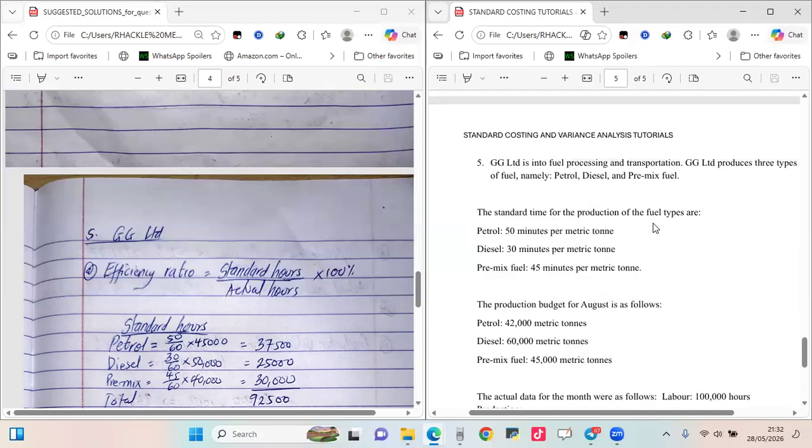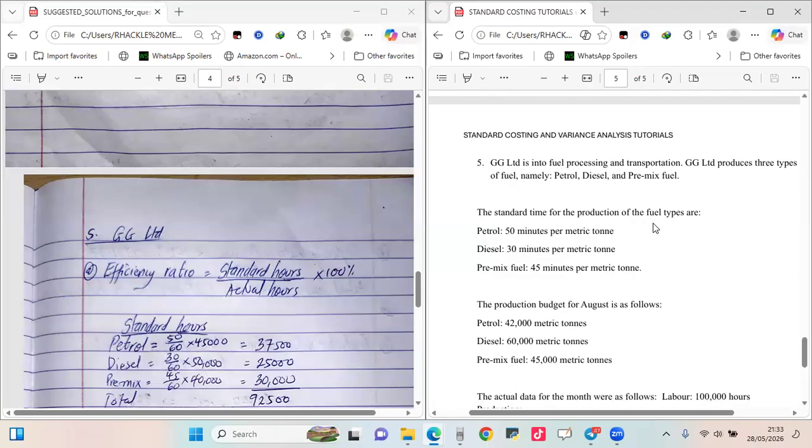GG Limited is into fuel processing and transportation. GG Limited produces 3 types of fuel, namely petrol, diesel, and premix fuel. The standard time for production of the fuel types are 50 minutes per metric ton, 30 minutes per metric ton, and so petrol will have 50 minutes per metric ton, diesel will have 30 minutes per metric ton, premix fuel will have 45 minutes per metric ton.